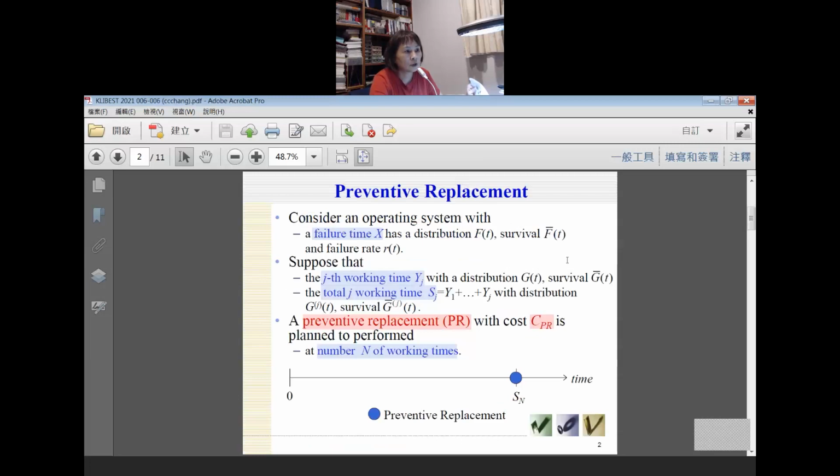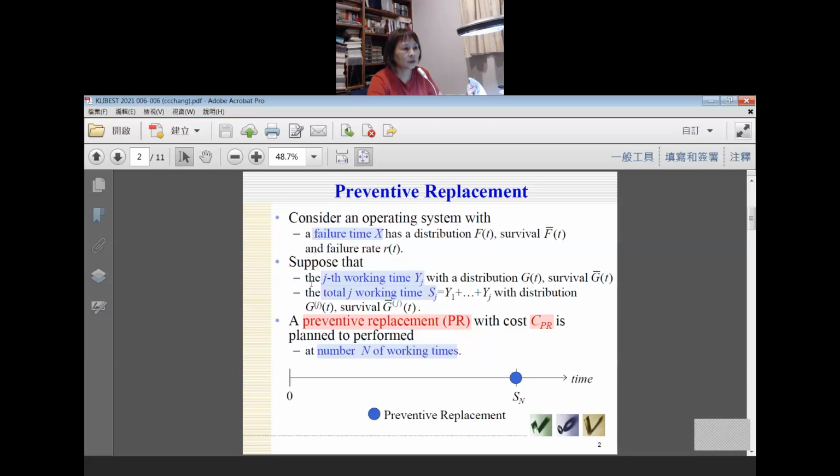These slides introduce preventive replacement. Consider an operating system with a valve time X that has a distribution F(t), survival F̄(t), and valve rate r(t).